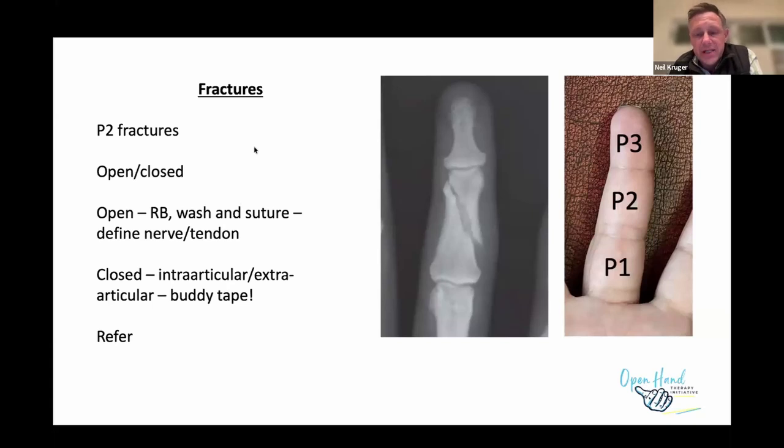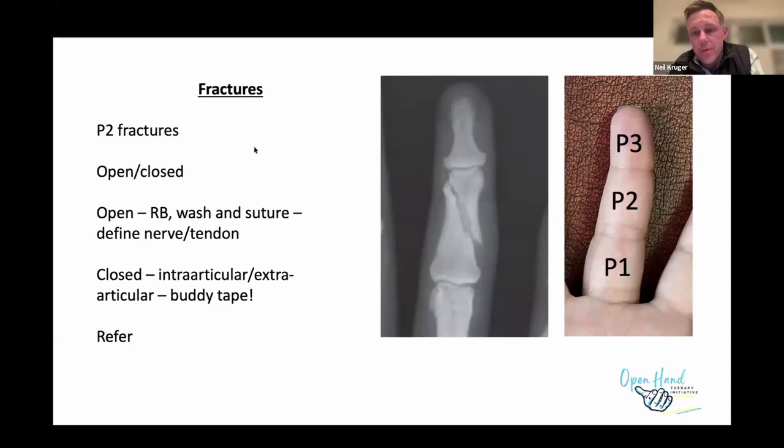You can always buddy tape P2 fractures to the neighboring finger, again, not too tightly, and refer them on if they are open. This type of fracture, although it is a long oblique fracture and is likely to shorten and displace, I'd be desperate to put in 2 or 3 screws to make sure that it is perfectly reduced and get the patient moving early.